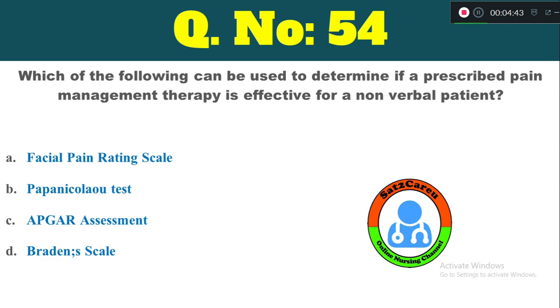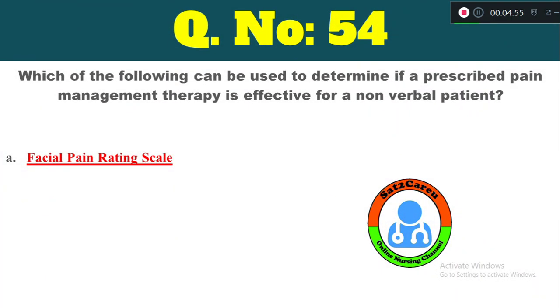So for a non-verbal patient, to identify whether the pain management is effective or not, which of the following can we implement? The right answer, very simple: the facial pain rating scale is the tool to assess the pain level of a client who is non-verbal, who is not able to speak. Mostly we use it for children, and we can use it for those clients who cannot speak.